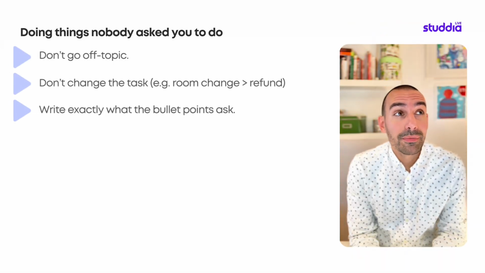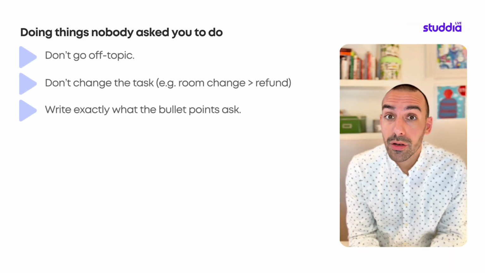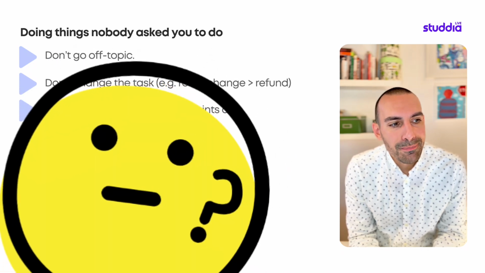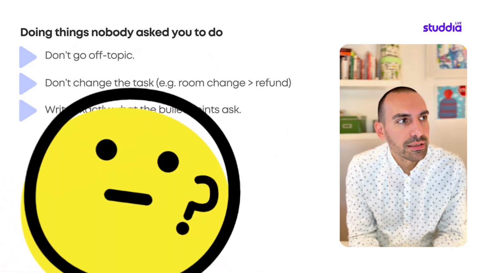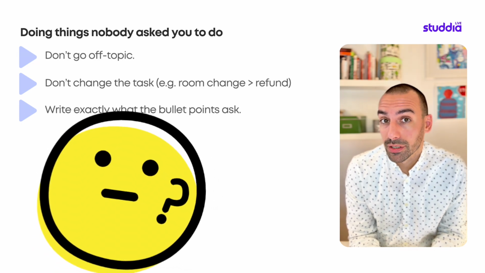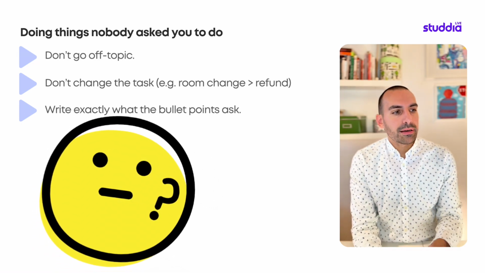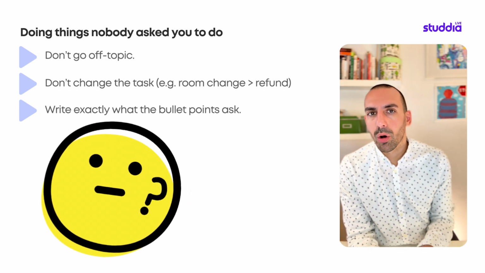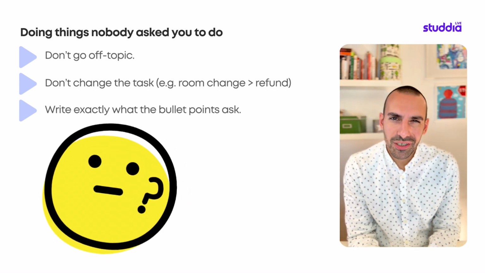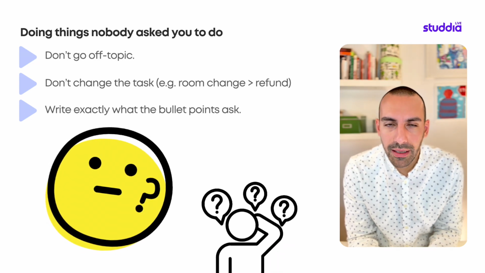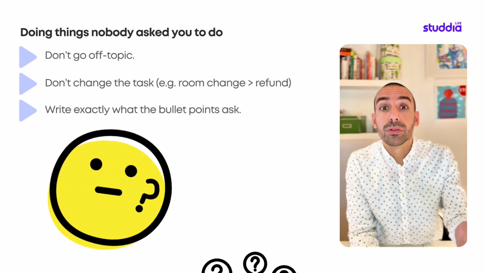Another common problem is doing things that nobody asked you to do. Sometimes students misread the situation and include completely irrelevant information. For example, the task asks you to suggest improvements to a college library, and you start complaining about the cafeteria. Like nobody asked you about the cafeteria. You're going off topic.